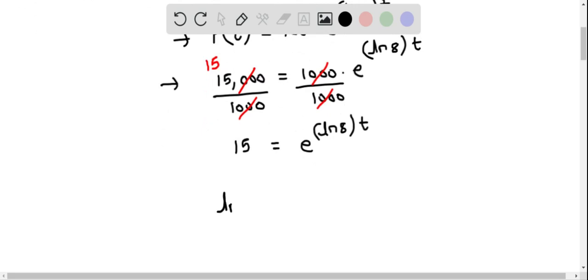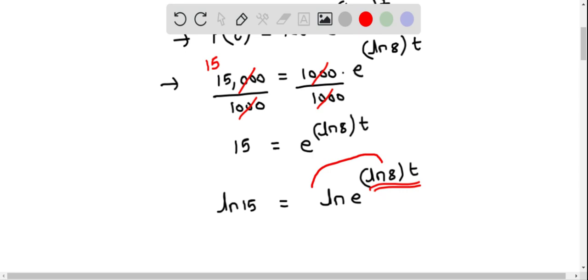Now once again we apply natural logarithm to both sides so that we can solve for t. So here we have natural logarithm of 15, and this equals natural logarithm of e raised to the power of natural logarithm of 8 times t. And once again, if we use the power rule, this complete power expression will be put in front.